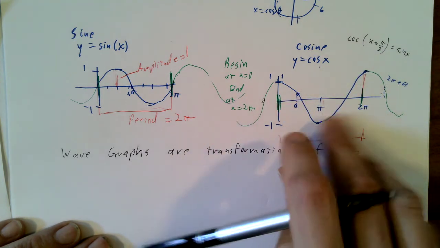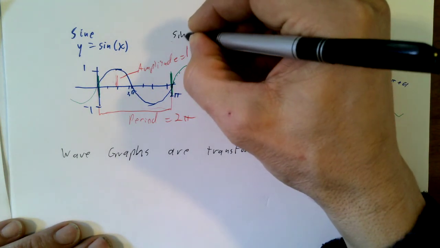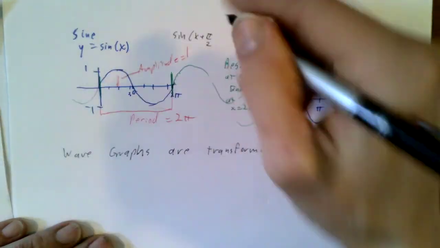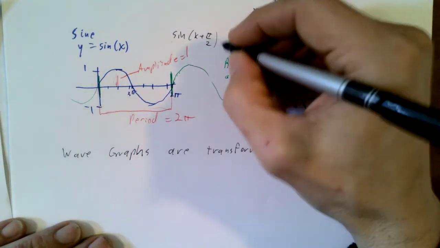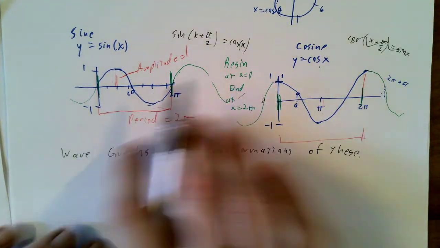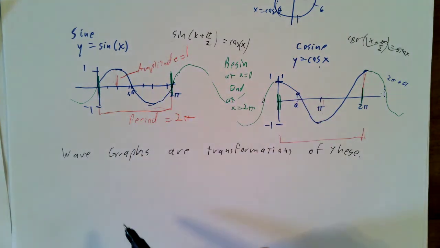No, I'm sorry, I got that wrong. Sine of x plus pi over 2 would shift this graph over to the left by pi over 2, and it would be the same as the cosine of x. So one of these is just a transformation of the other, but that's not that useful.